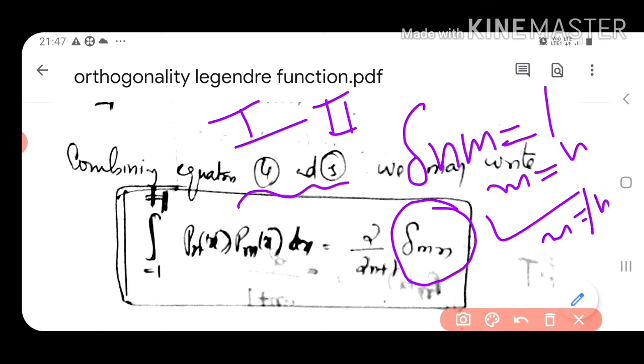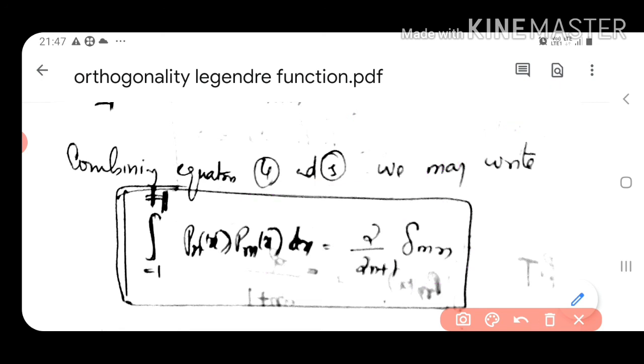That we have seen. So combining this, you have this. If n and m are different, the right hand side will be 0, and if n and m are the same, you will get the required result. So we have the orthogonality relation for the Legendre polynomial.